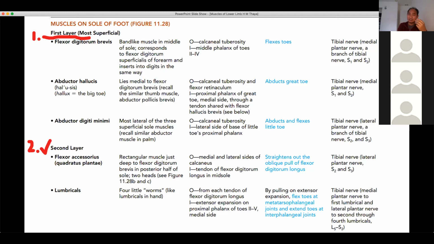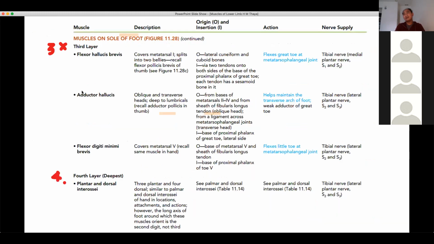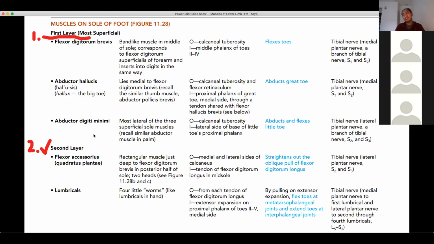The skin on the plantar surface is really hard and thick, and it is really flexible. So yes, if we remove that, we will have the 4 layers. First layer, second layer, third layer, and fourth layer. If you remember 4 layers on the sole of the foot, if we can divide the muscles into 4 groups, I am happy with that.